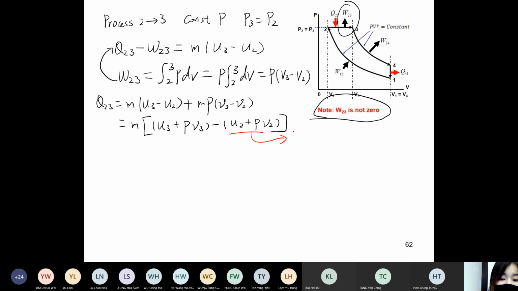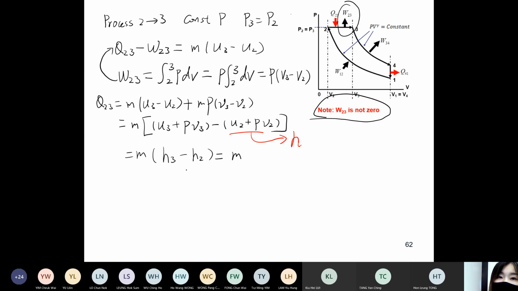Yes, this is enthalpy, the definition of enthalpy. So now it becomes H3 minus H2. How to calculate enthalpy for a perfect gas?